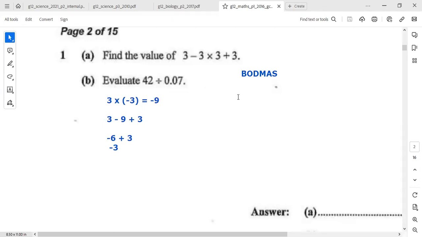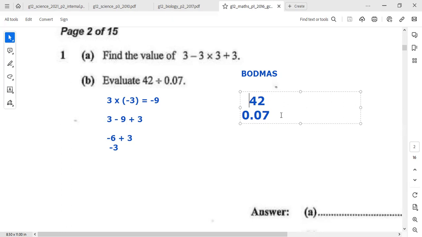Now, evaluate 42 divided by 0.07. So let's put an over; my over is always down: 0.07. Now, what should you do? The first thing is to make sure that you don't have any decimals, because if you don't have any decimals, solving will be faster and easier.